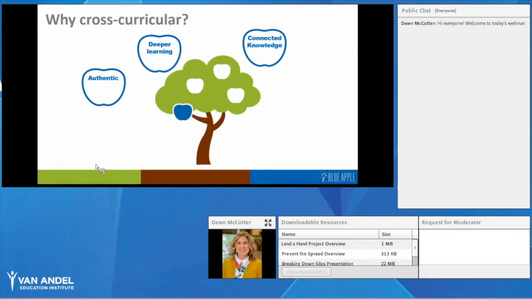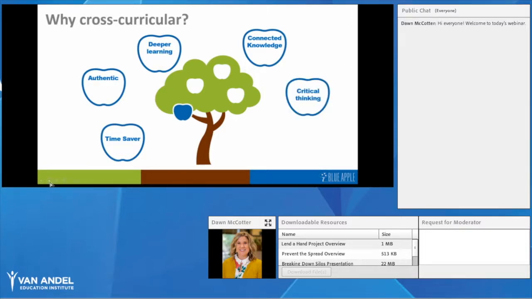When we teach in a cross-curricular way, it actually is going to save time. Now, we know that teaching and changing and doing new projects and new lessons, there's going to be a lot of upfront work that we have to do. But instructional time is going to decrease because you're able to take those subjects, whether it's math and English or social studies and science, and bundle them together in a way that is authentic to the students.